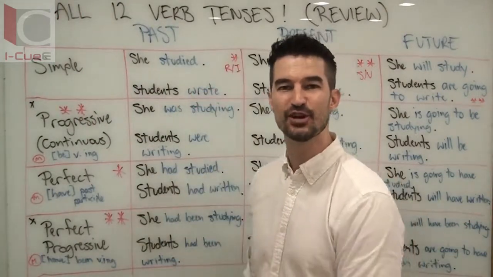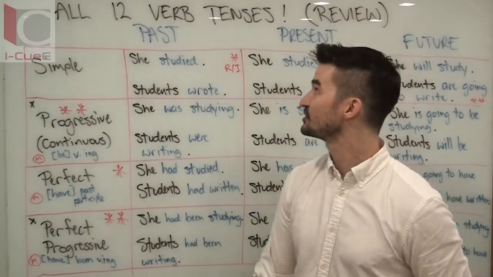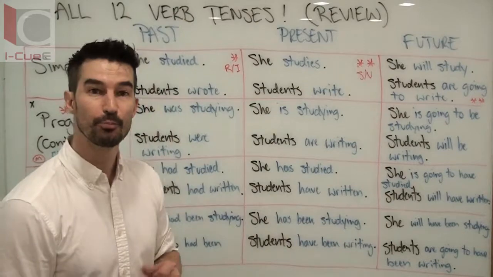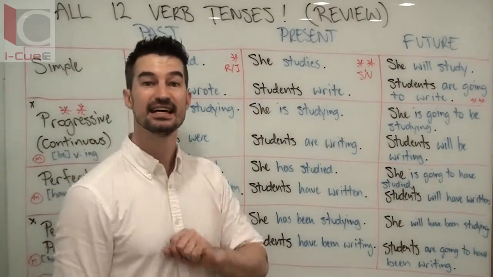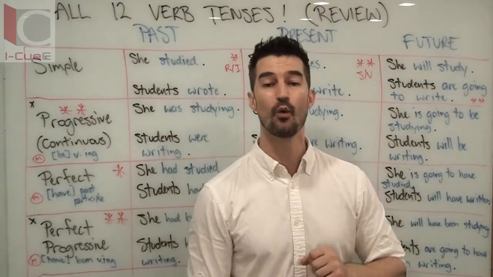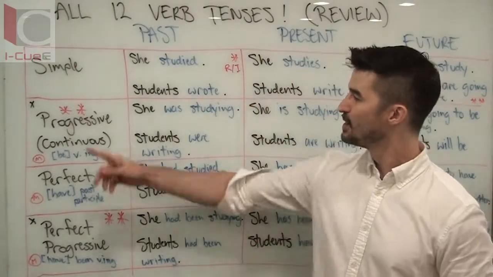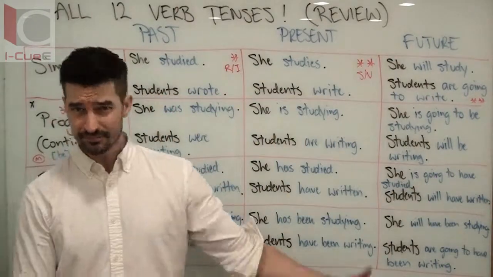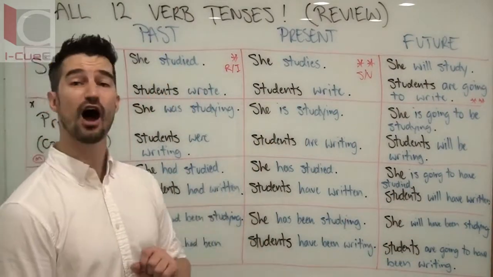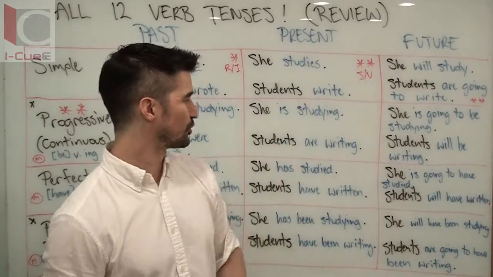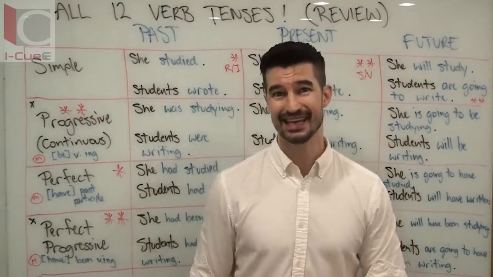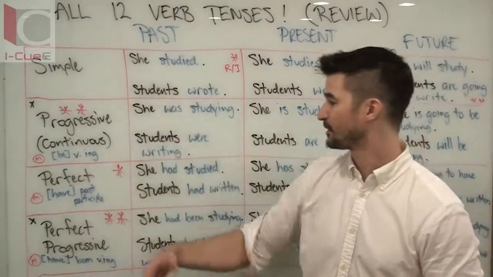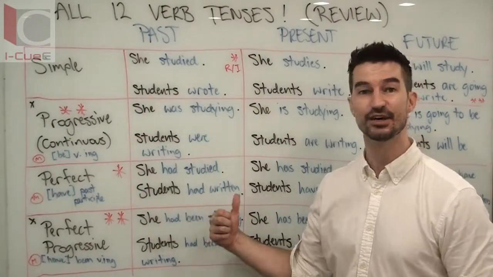We're going to go through the irregular much faster. So, simple past, students wrote. Simple present, students write. Simple future, students are going to write. Progressive, students were writing. Present progressive, students are writing. Future progressive, students will be writing. Perfect past or past perfect, students had written.